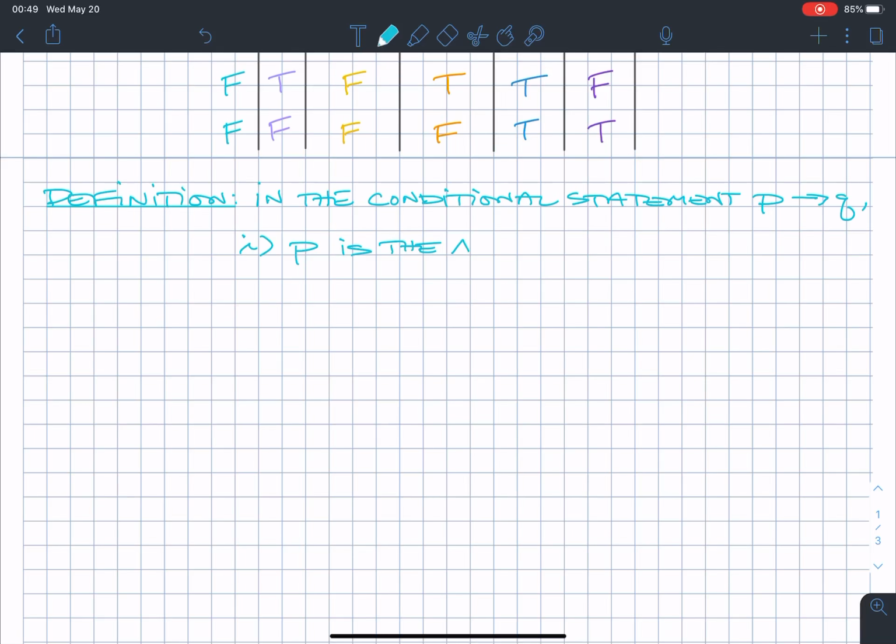The antecedent, like antebellum, right before. Antecedent. And number 2, Q is the consequent. Q is the consequent.